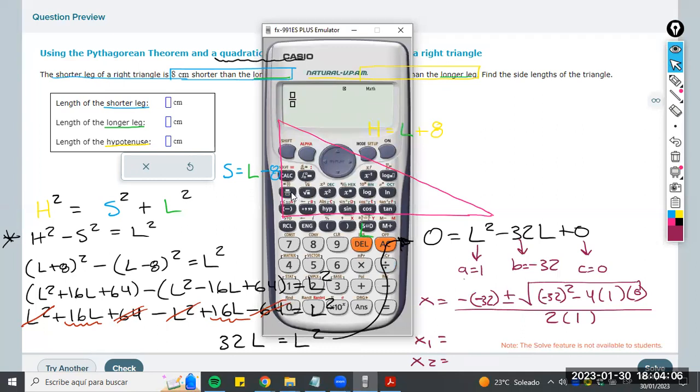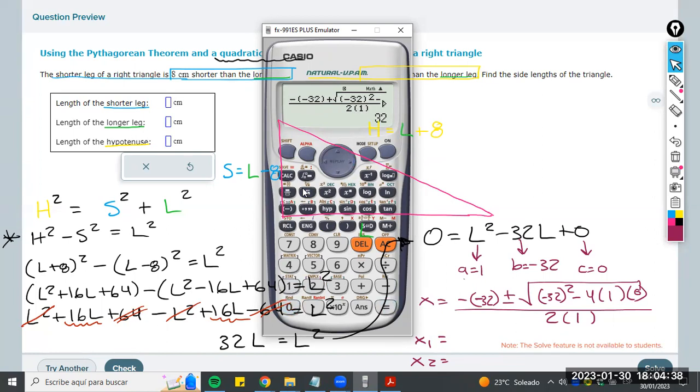Thanks for your patience. We have this squared, minus 4 times... so it is minus 32, minus 32, 1 and 0.